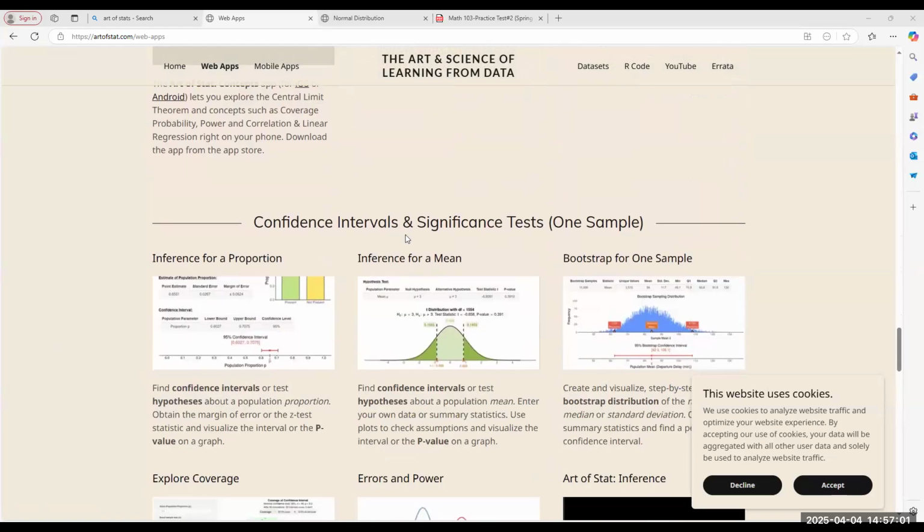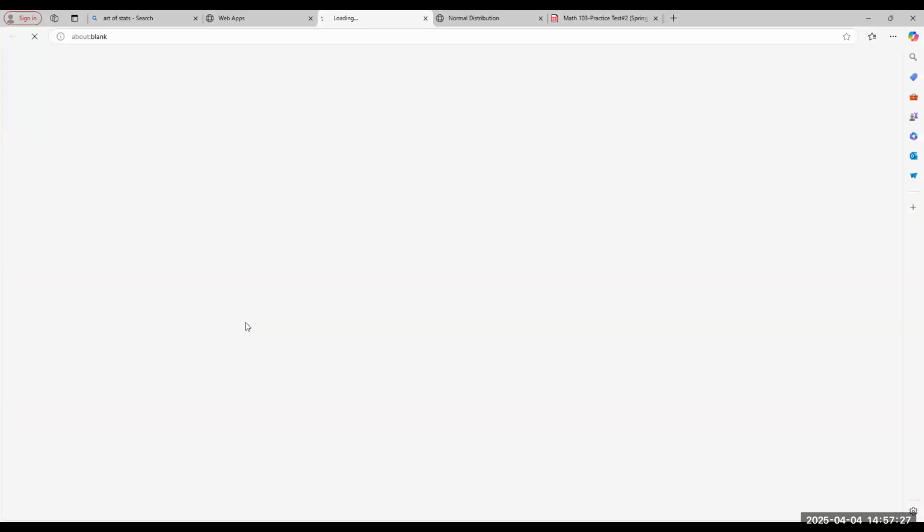You are going to be interested in the confidence interval for the proportion. From now on, there is going to be confidence interval. We do the same thing for the mean, standard deviation, variance in future. That's what you are going to do for the rest of the course. We describe it, but we can use the Art of Stat to do it. So in this part, we do it for the proportion. Click on the proportion.